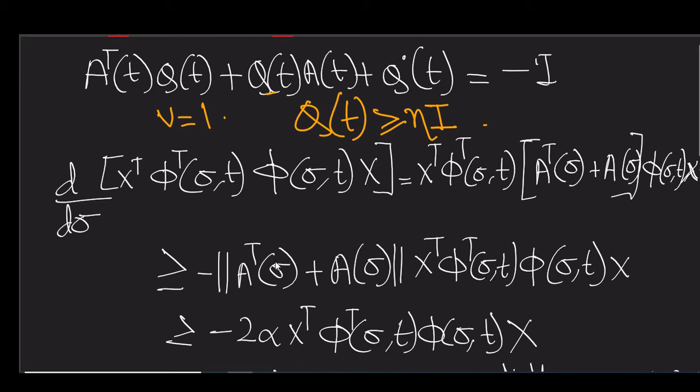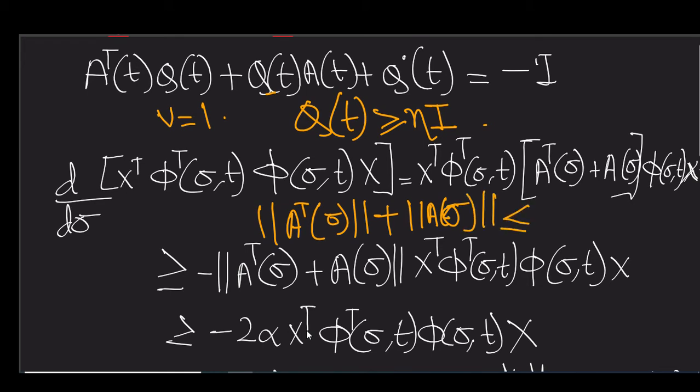Now clearly this, once again, could give you what? This could be written like, is less than or equal to this one.